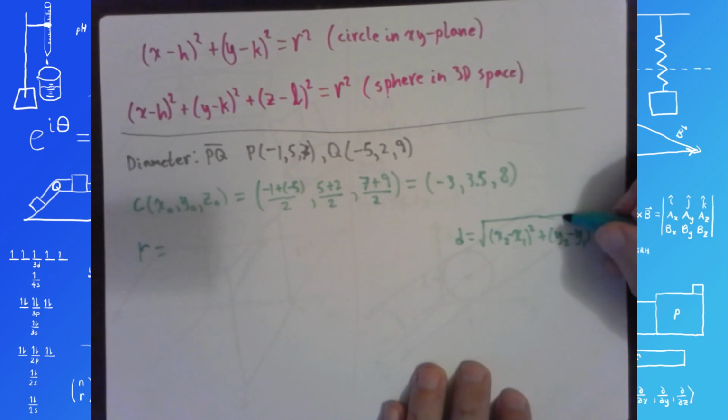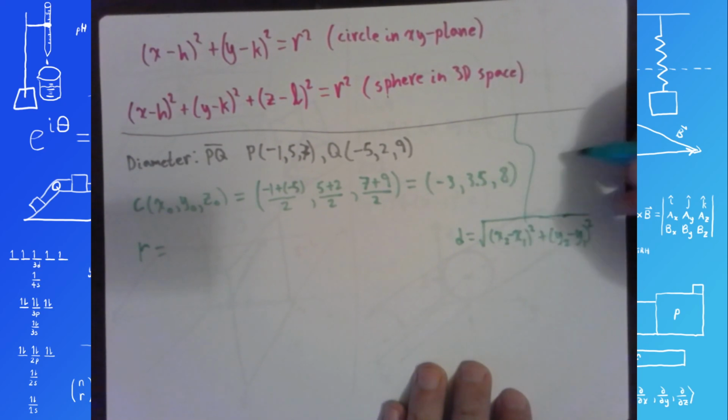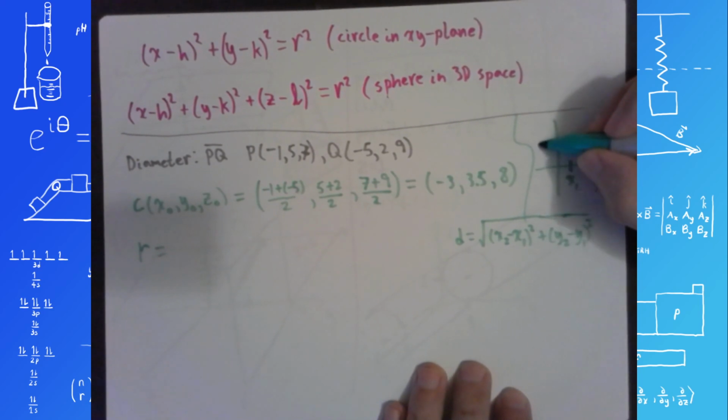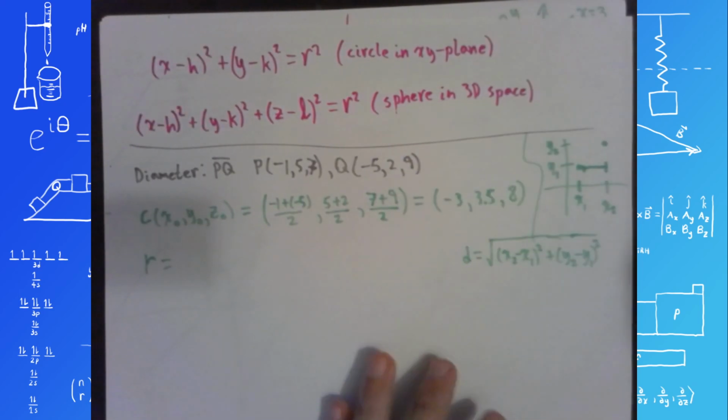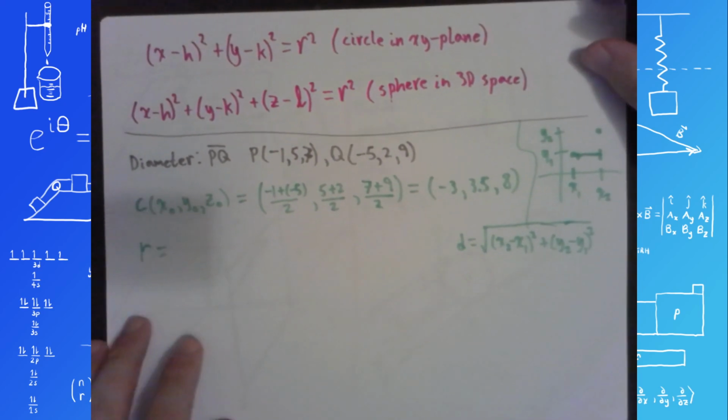And this came from the Pythagorean theorem because if we draw 2 random points, here's x1, here's x2, here's y1, here's y2. X2 minus x1 is equal to this distance right here. Let me actually draw that in a different color. Let's do it in pink.